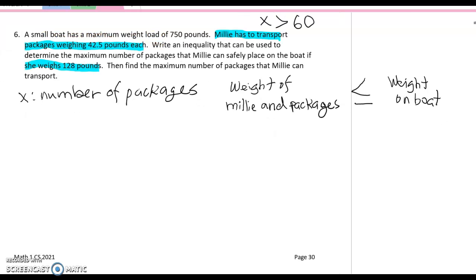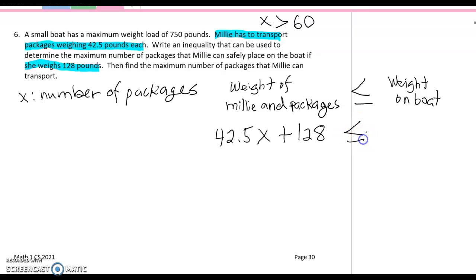All right, so Millie has to transport these packages, and each package weighs 42.5 pounds. So we're going to do 42.5 times x. Then we're also going to add Millie's weight, 128 pounds.